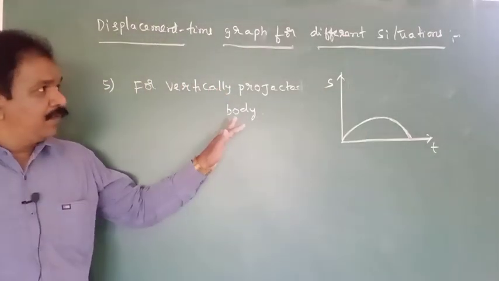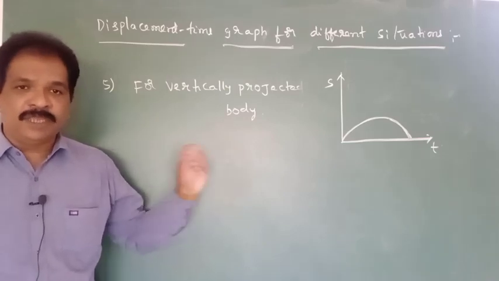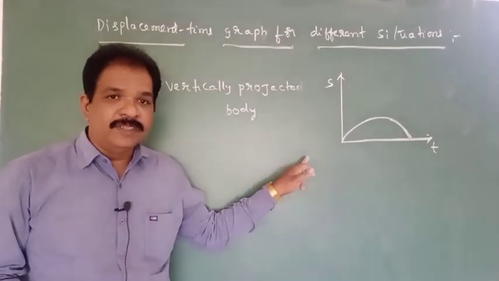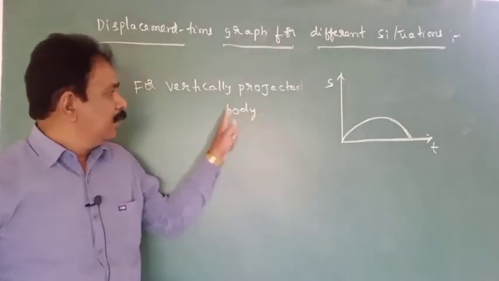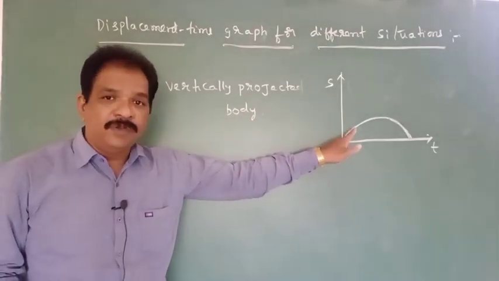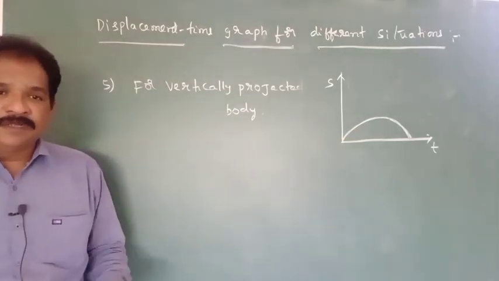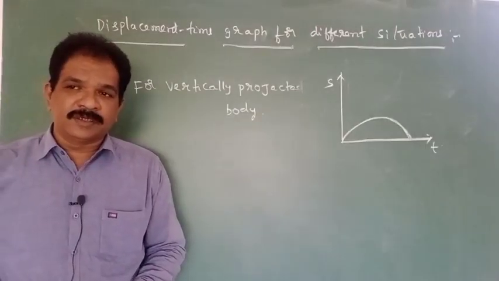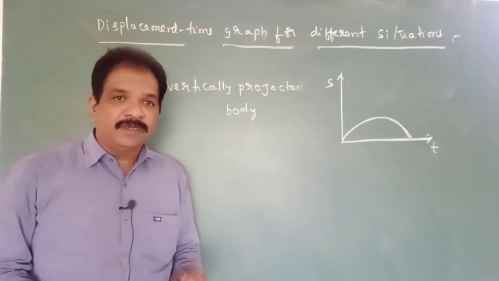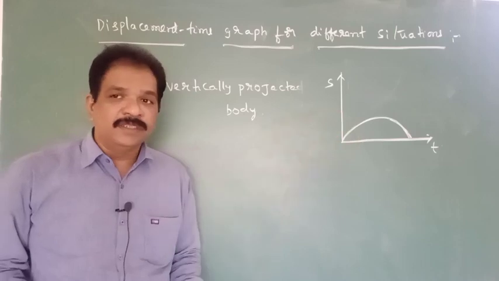In different situations, the displacement time graph shape will be different. So what is the shape of the displacement time graph for a vertically projected body? It will be in the form of a parabola, like that. Depending on the situation, we have to answer that, or draw the graph. Draw the displacement time graph for a vertically projected body means in this format.